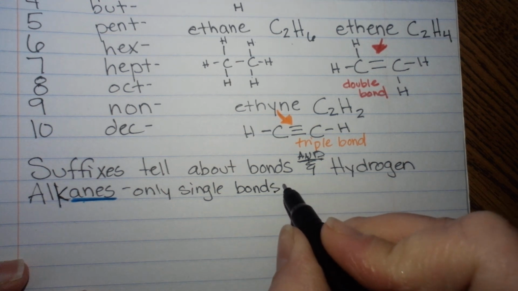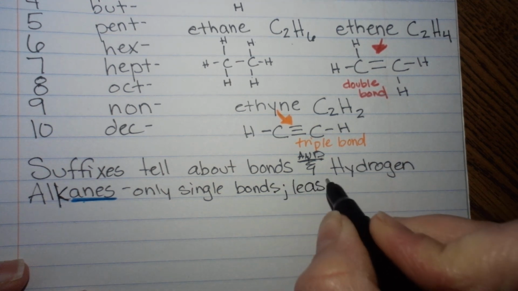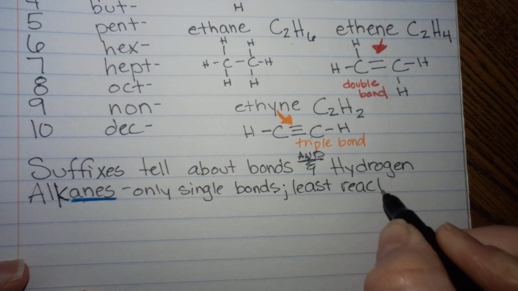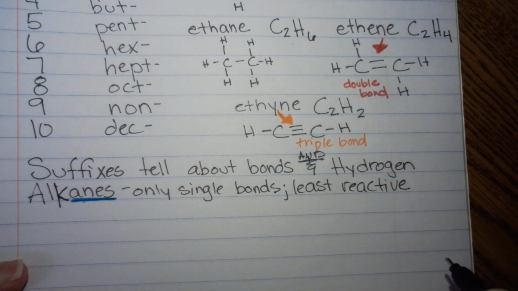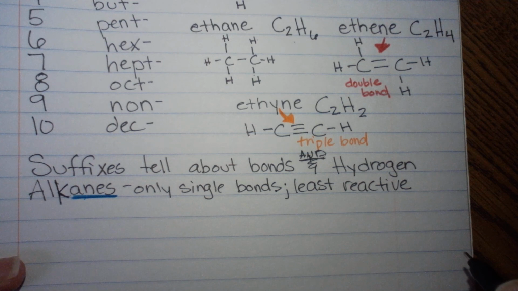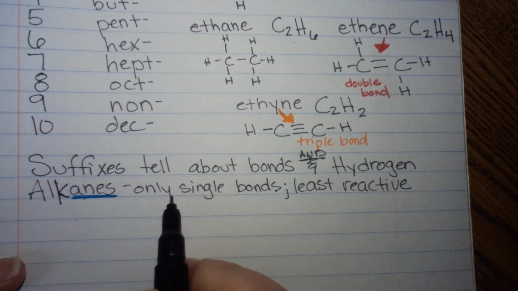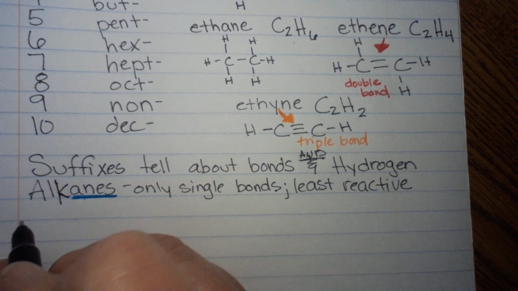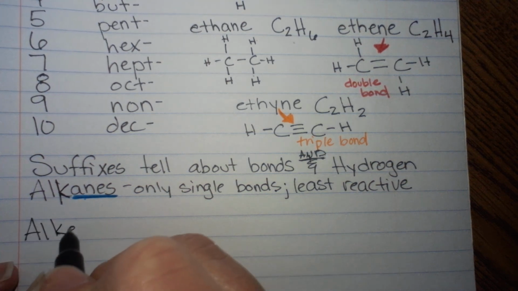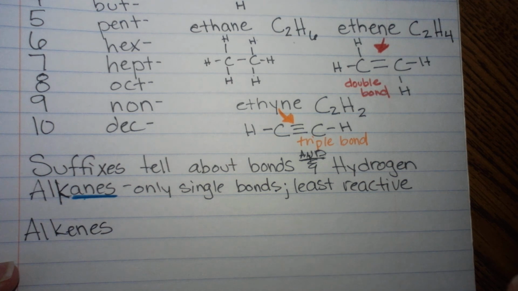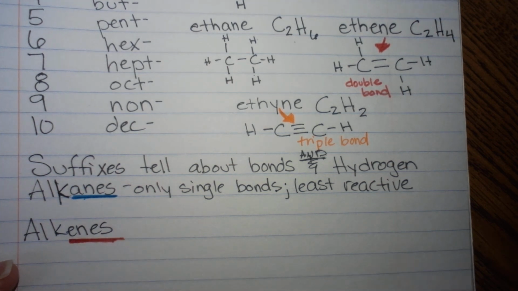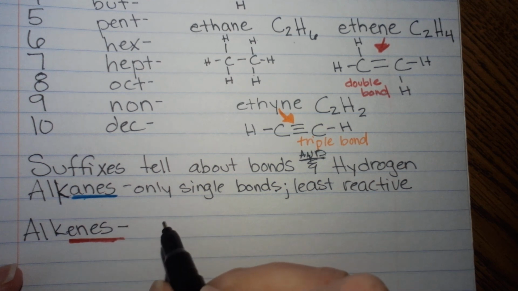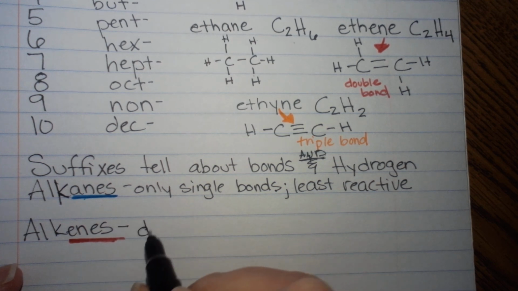These guys are the least reactive. That's just bonus information. Okay. Have only single bonds with the carbon. That's the big deal there. Alkenes have double bonds somewhere.